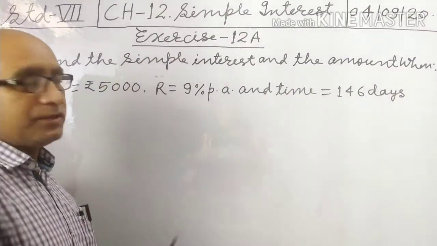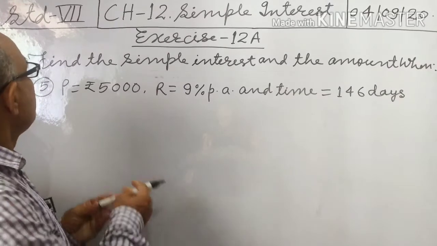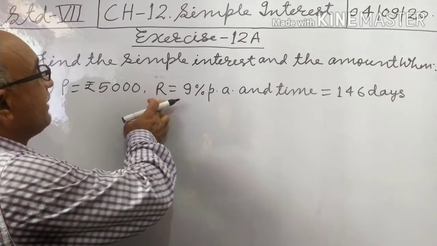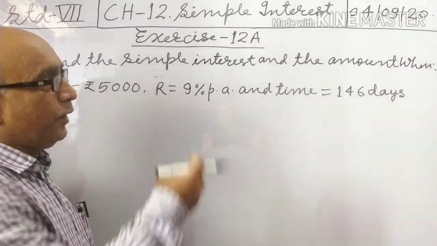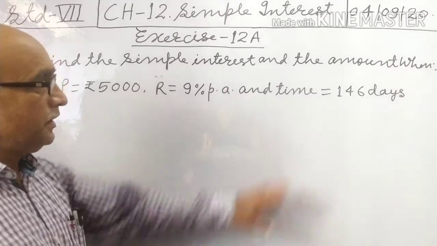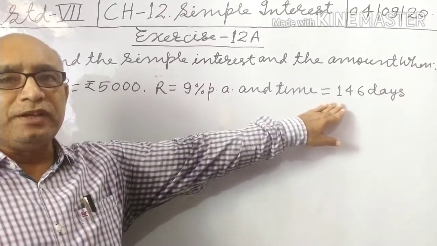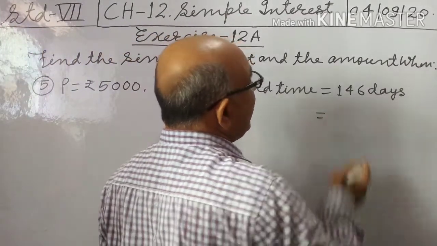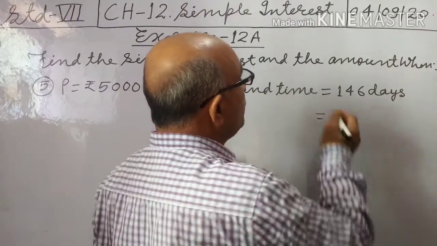Find the simple interest and the amount when principal equal to rupees 5000, rate equal to 9% per annum, and the time equal to 146 days. Time is given in the form of days, so it's changed into year. Days divided by 365 change it into year.